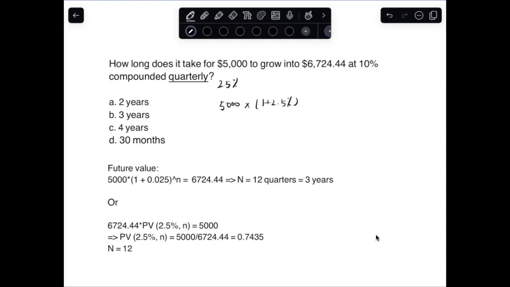And we use n to represent the number of periods. So after n periods with this return, the 5,000 will grow into 6,724.44. And using the calculator, we can calculate n equal to 12. And remember, n is the number of quarters. And to transfer to years, we just divide it by 4, which equals 3 years. The answer should be B.